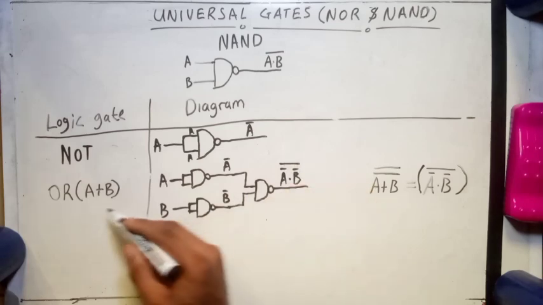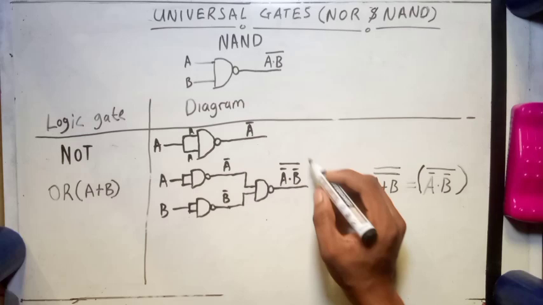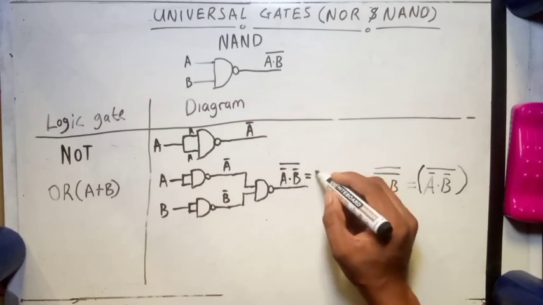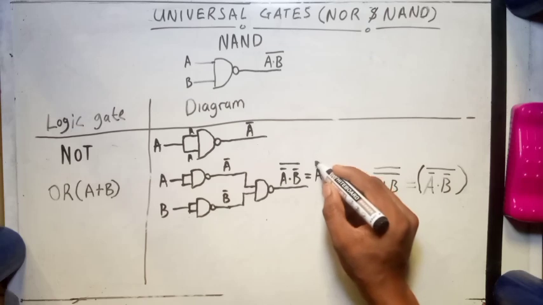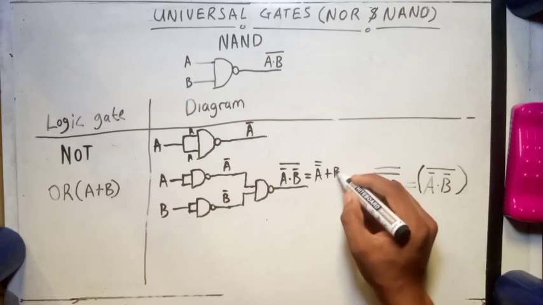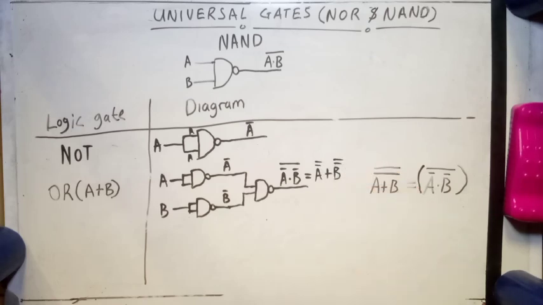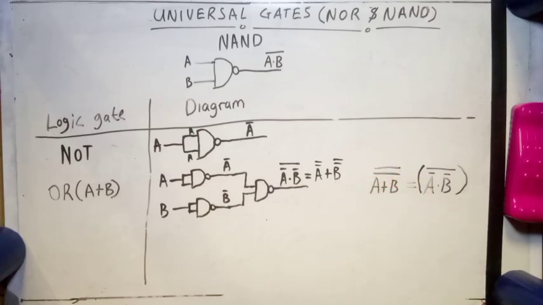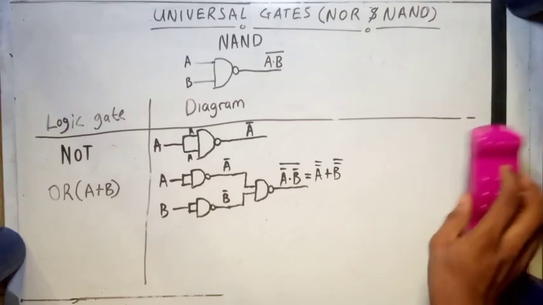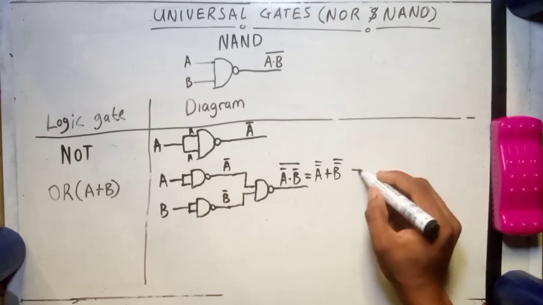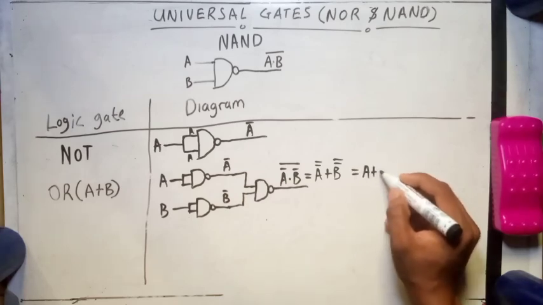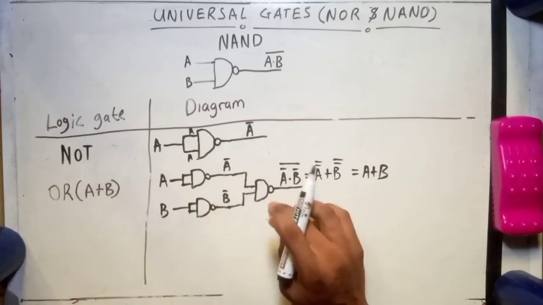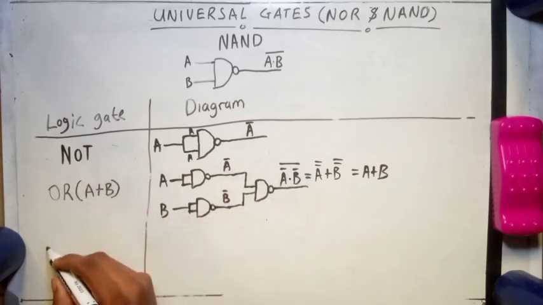Now this is still equivalent to this. If you split this general bar that is joining the two of them, you have A double bar plus B double bar. Like we said earlier, when you see double bar, it's still equivalent. So this is still your A plus B. So we have achieved this using only NAND.